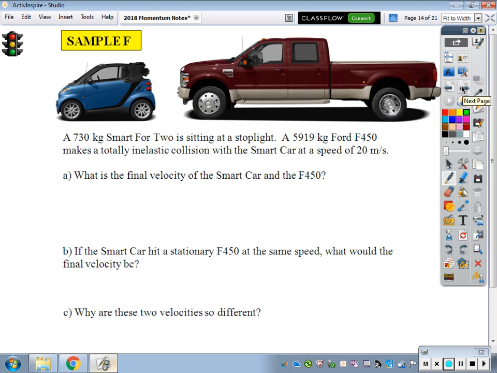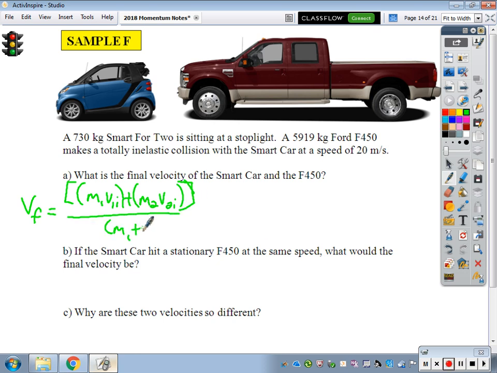So let's write it out as such: V final equals M1 V1 initial plus M2 V2 initial, all divided by M1 plus M2. Why don't you go ahead and carry out the rest of this problem from start to finish.